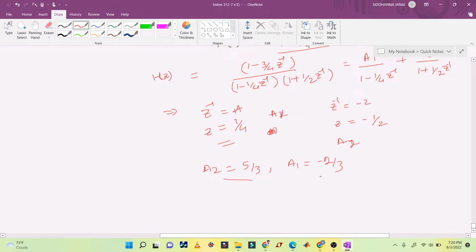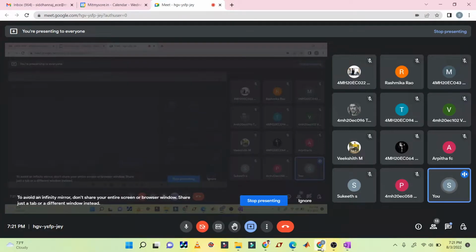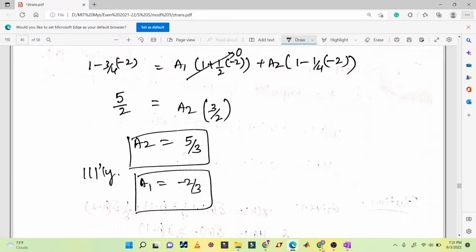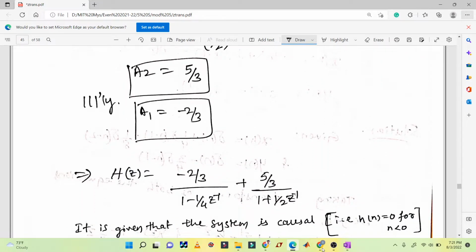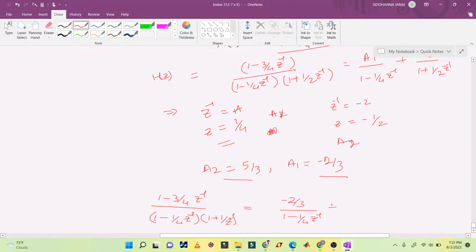Okay, so after we find the a2 and a1 values, what you will get is 1 minus 3 by 4 z inverse divided by 1 minus 1 by 4 z inverse into 1 plus 1 by 2 z inverse is equal to minus 2 by 3 divided by 1 minus 1 by 4 z inverse plus 5 by 3 divided by 1 plus 1 by 2 z inverse.